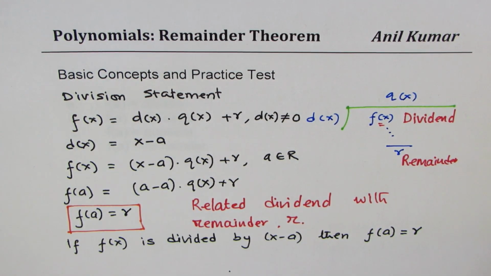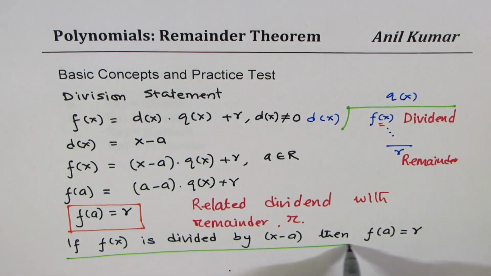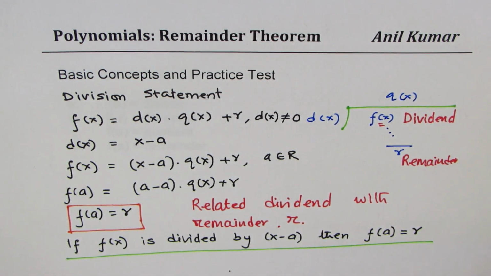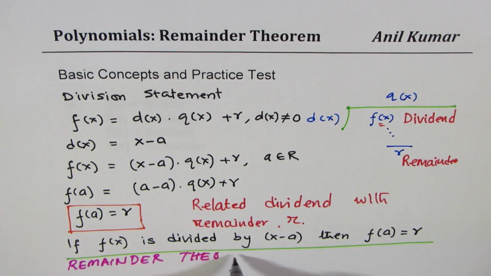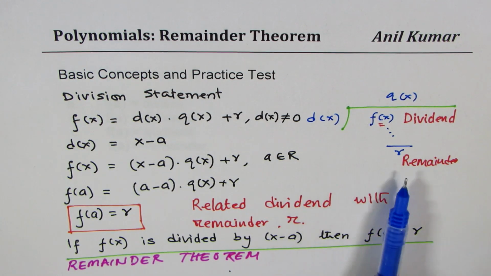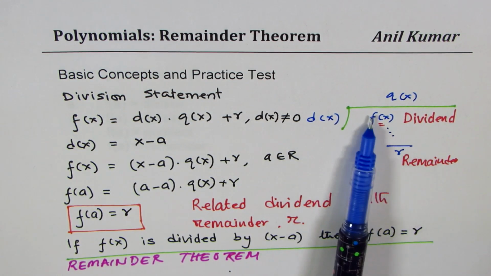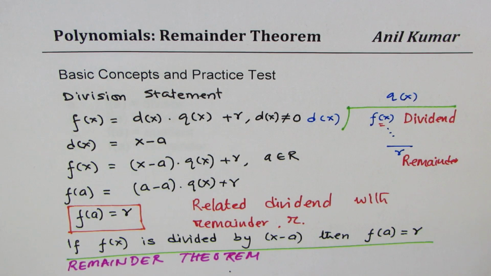That is what it is. And this is what we call the remainder theorem. So let me write it down here. Is that clear? So the remainder theorem gives you the remainder directly without even going through the division process.